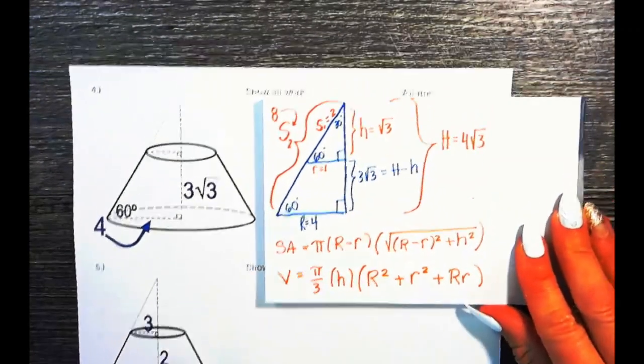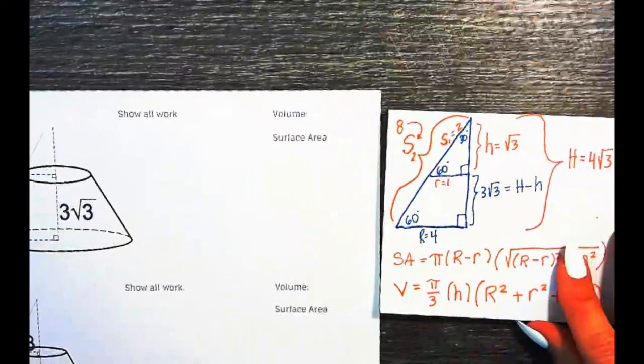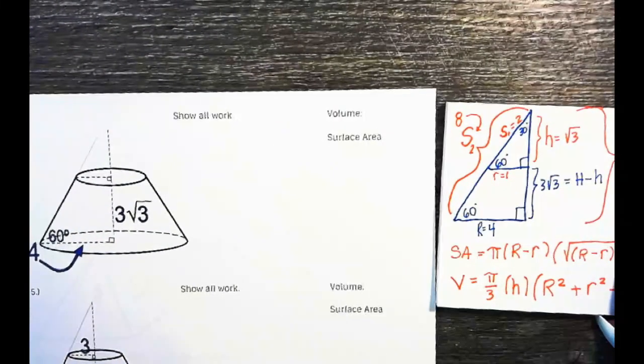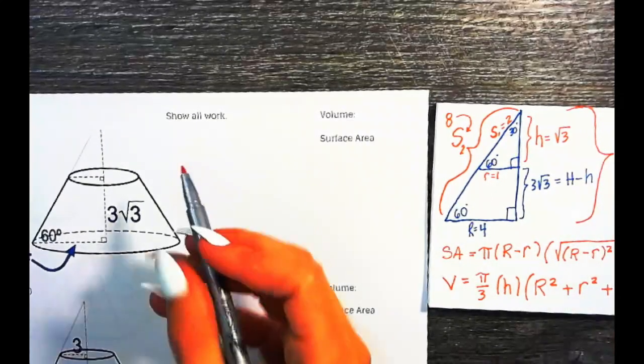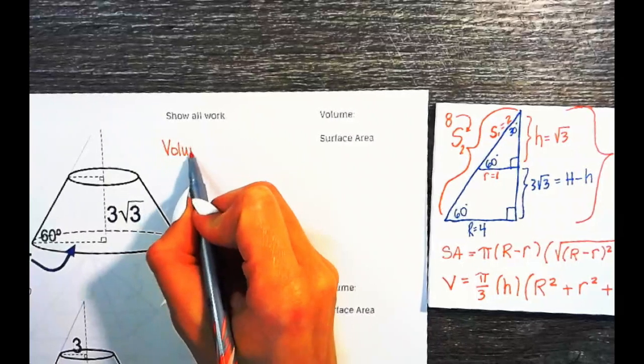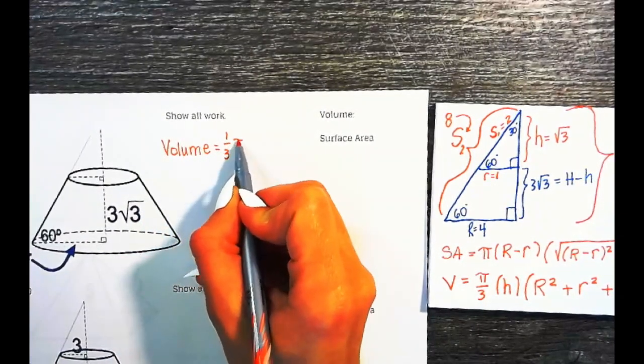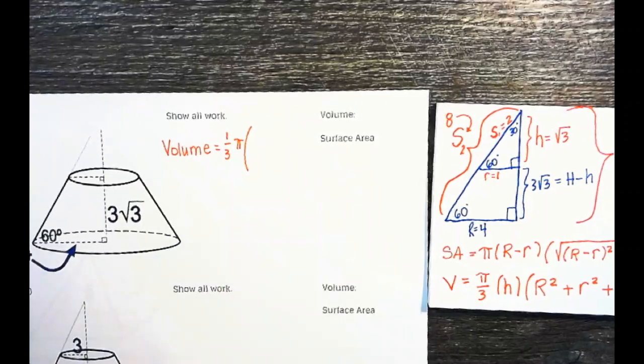I'm just going to slide this. Let's go kind of like that. So we're going to do, let's do the volume first this time. That's going to be 1/3 pi. They both have that. I'm going to leave that factored out.